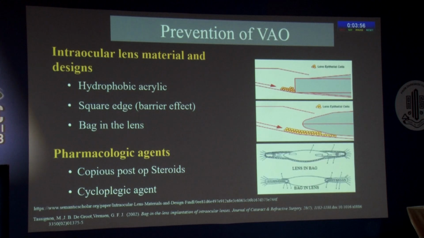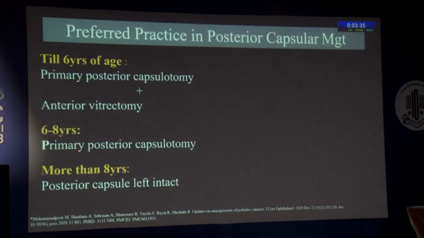Now, the lens design and material is also important. If you are leaving the posterior capsule intact, a hydrophobic lens with a square edge can reduce the posterior capsular opacification. And post-operatively, copious steroids with a good cycloplegic agent can reduce inflammation and thus reduce PCO.